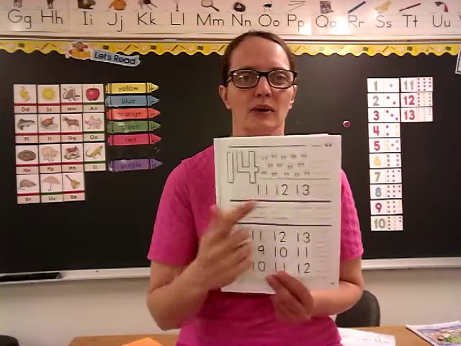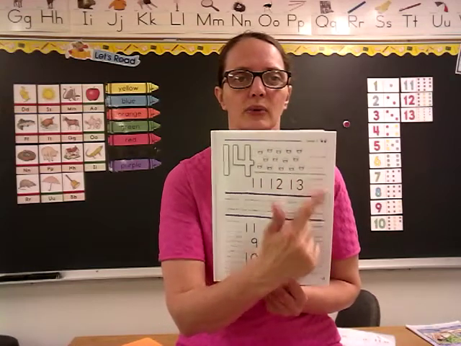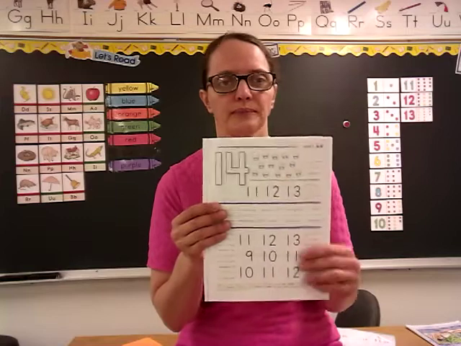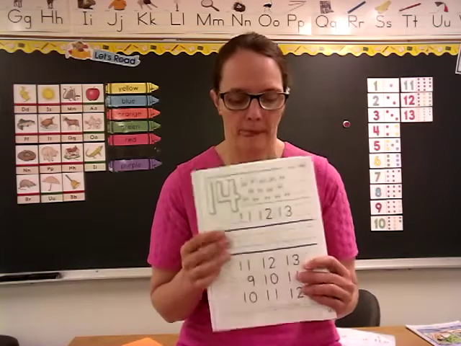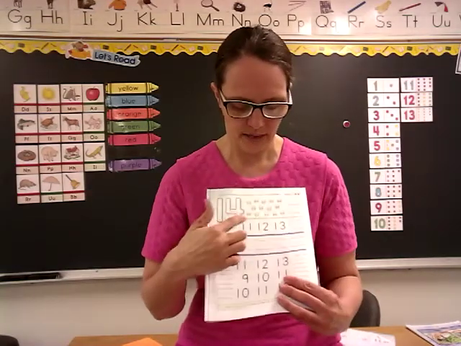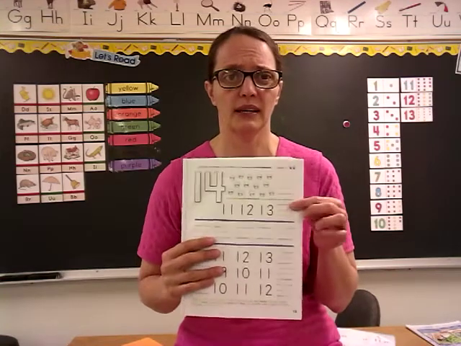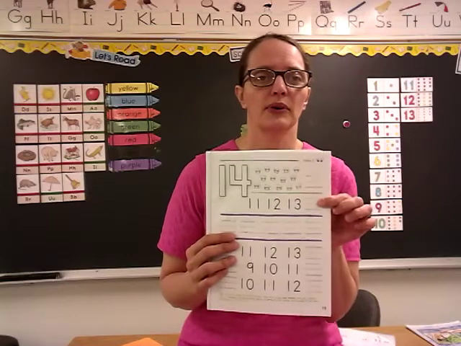See if that's how many you count. And then you can write the 14 in the block there. A 1 and a 4 makes 14. And then you have down below 11, 12, 13, and put the 14 here. 14 comes after 13.